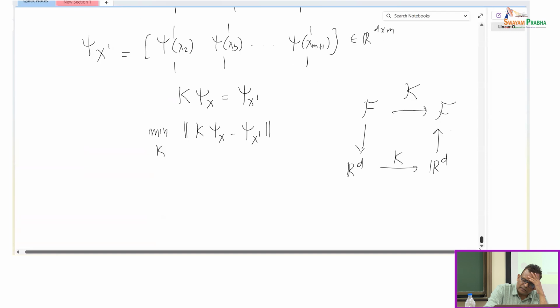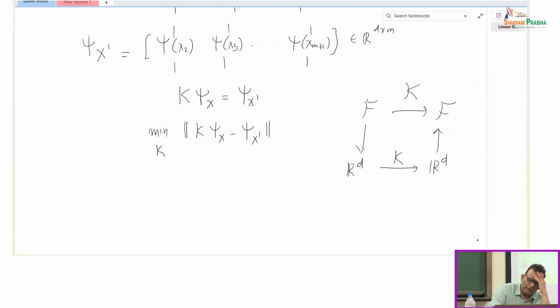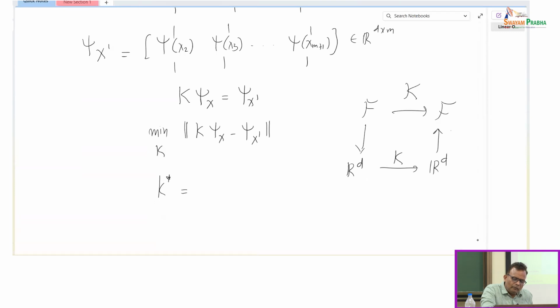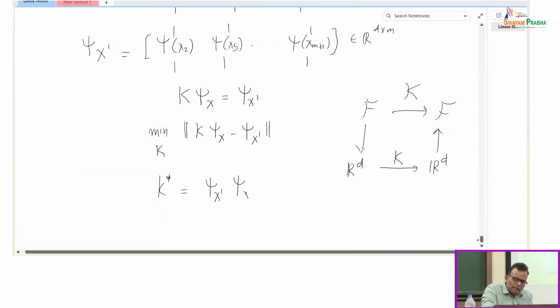So again, we can get the solution of this as a least square problem: K star is psi of x prime times the pseudo inverse of psi of x.